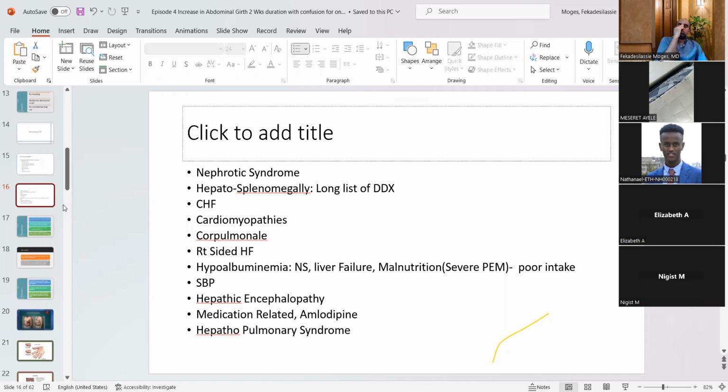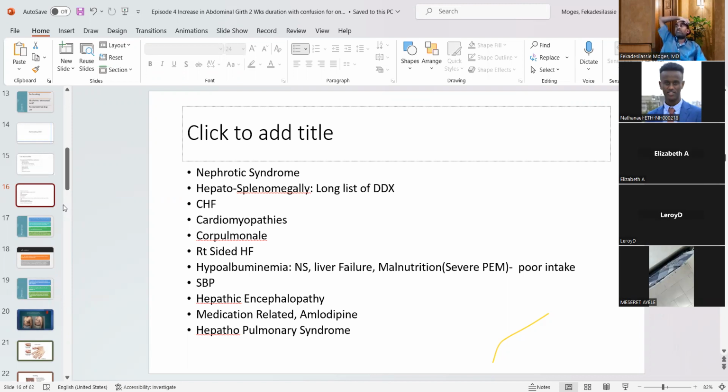How is the umbilicus, everted or inverted? Is the umbilicus everted or inverted? It's a little bit inverted. Is there any bulging?